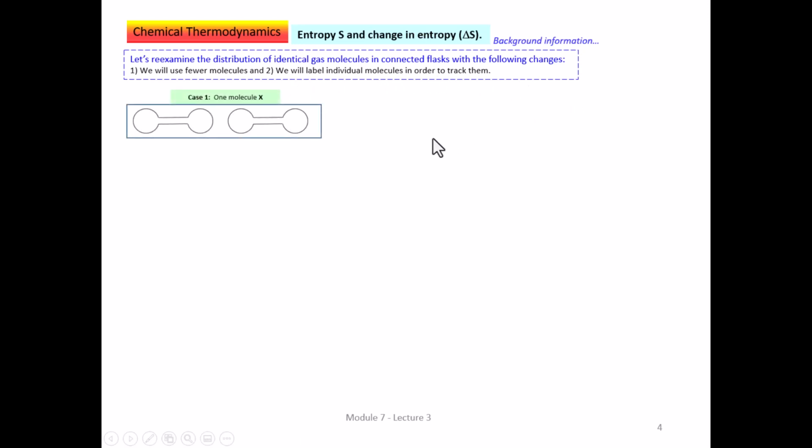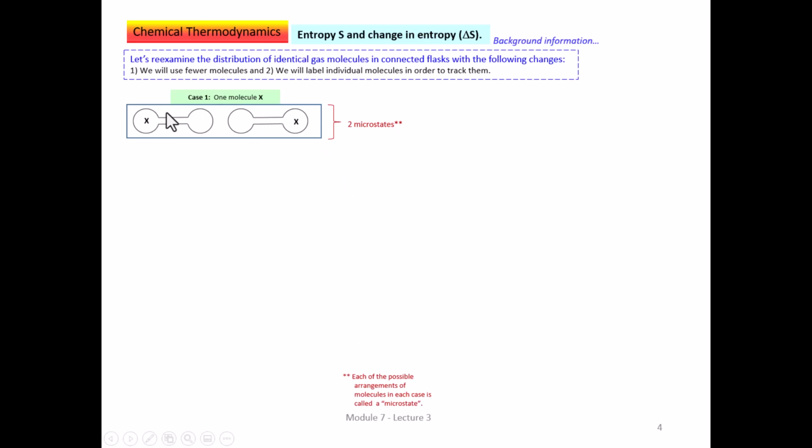So here's a simple case one. Let's suppose we have one molecule, we'll call it X. X could be in the left flask, X could be in the right flask. And so what we say is this situation is described by two microstates. What is a microstate? Well, each of the possible arrangements of molecules in each case is called a microstate.